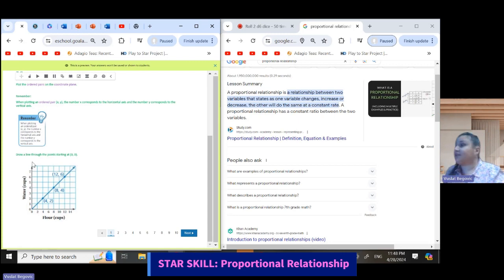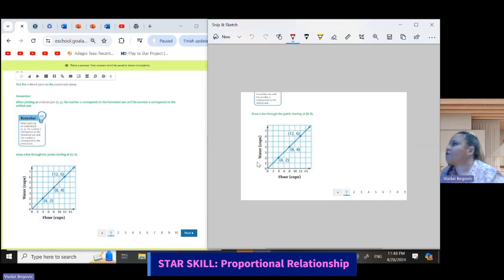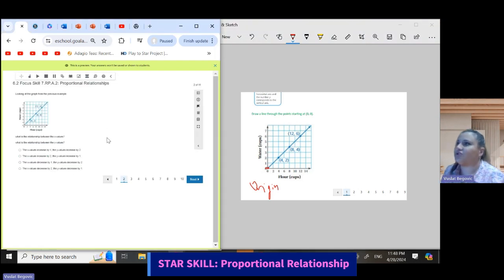If a relationship is not going through this point, which is the origin, 0 to 0, if it doesn't pass through this point, it is not proportional. In order for a relationship to be a constant, it has to go through that. I think it's a 6.2, but still, I am just giving you an example. Let's move on to the question.